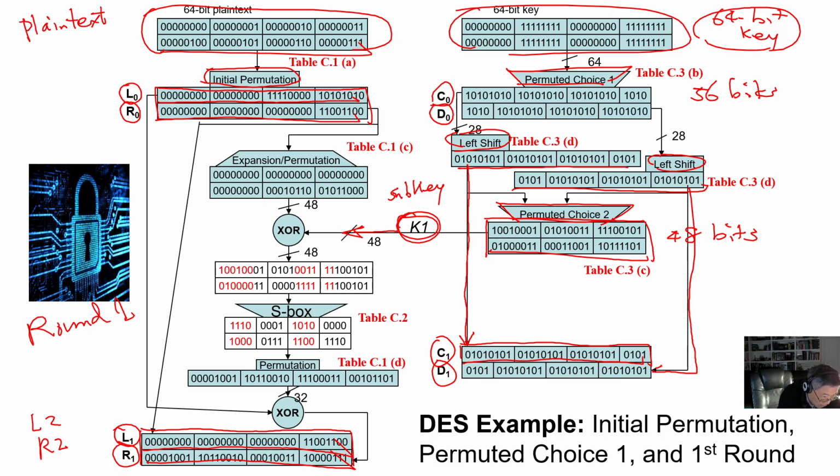So each time before you generate a subkey, we're going to do the left shift. Sometimes the left shift is going to be 1 position, sometimes the left shift is going to be 2 positions, which is defined by a table, C.3d. Okay, so that's basically the summary of the plaintext. So after round 1, we eventually get L1 and R1.